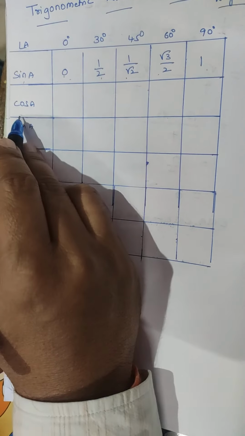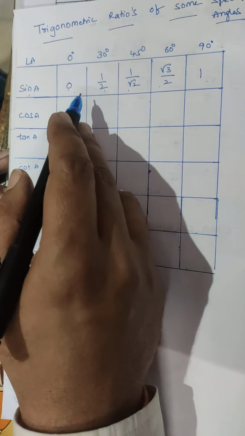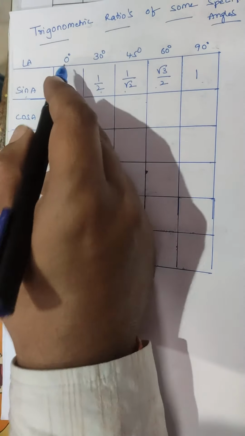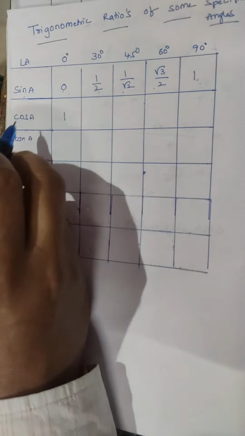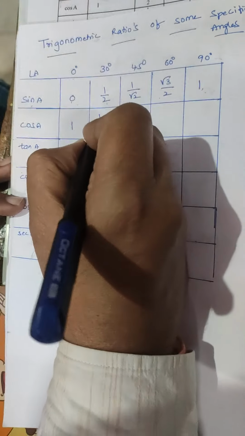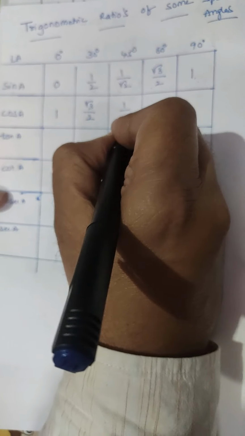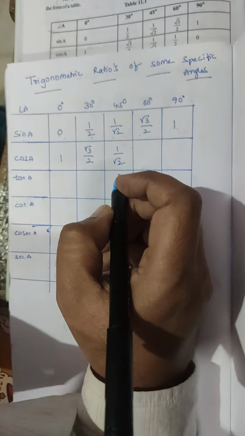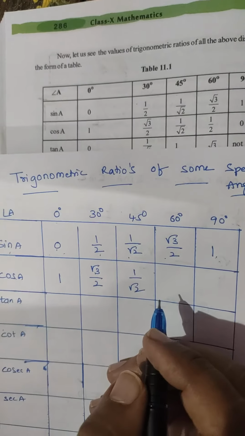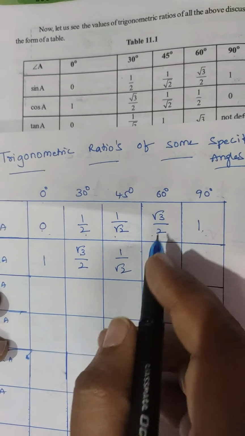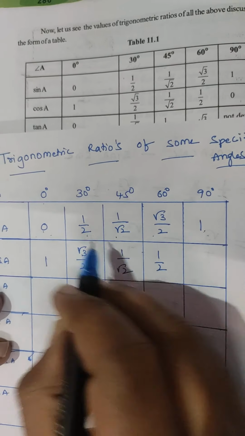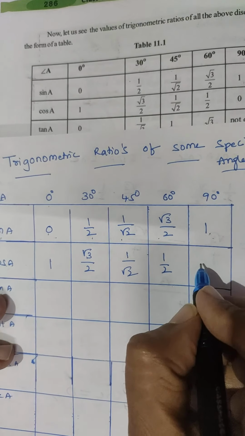Now how do we write cos? Cos 0 degrees is 1, cos 30 degrees is square root 3 by 2, cos 45 degrees is 1 by root 2, cos 60 degrees is 1 by 2, cos 90 degrees is 0.